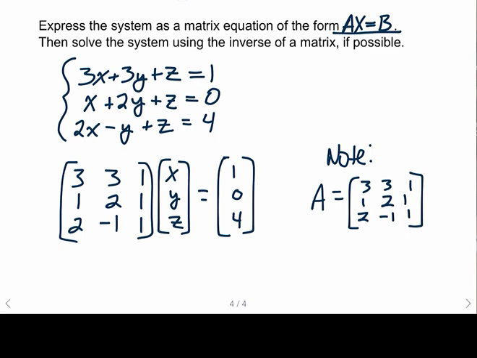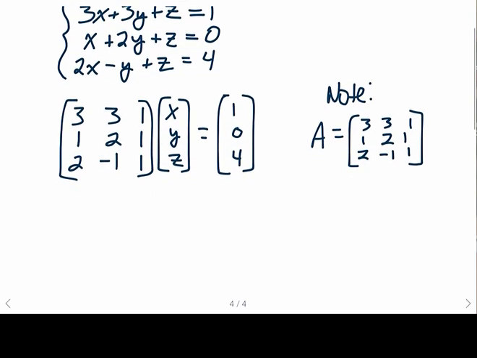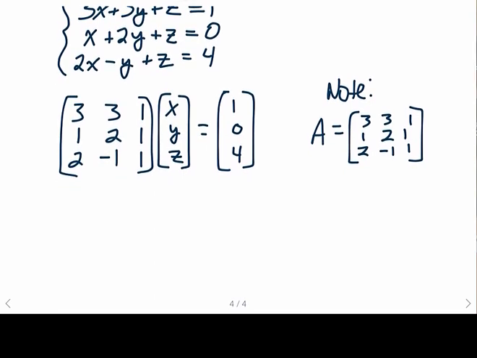My coefficient matrix A is [3, 3, 1; 1, 2, 1; 2, -1, 1]. My column matrix X is (x, y, z), and the product equals the column matrix (1, 0, 4), those constants.